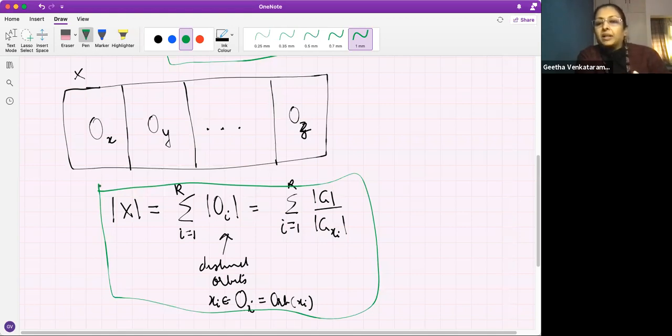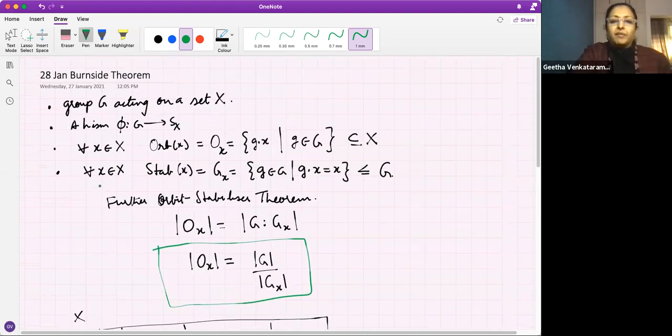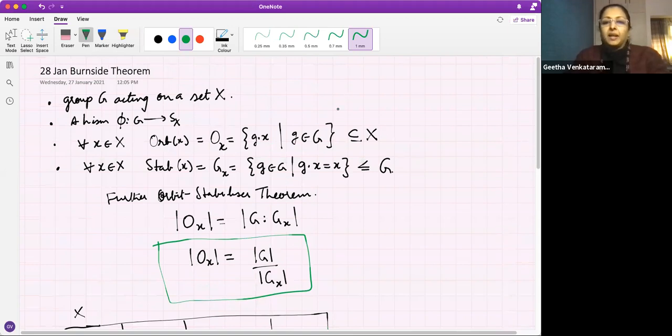Because if I take 1 as the identity of G, then 1 acting on X is just X. So I should in fact have mentioned this: since 1 times X equals X, therefore X will always belong to the orbit of X. So orbit is never empty.